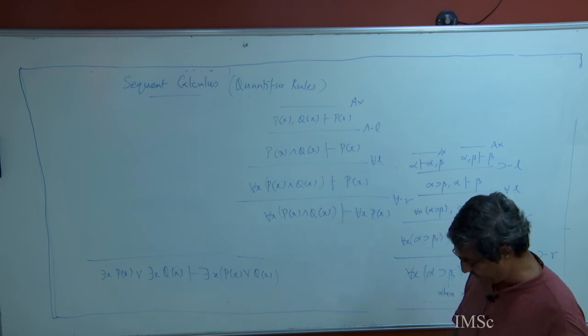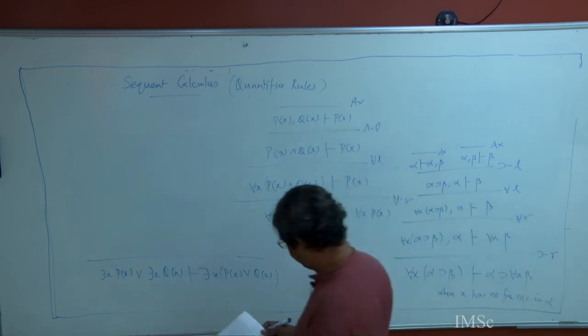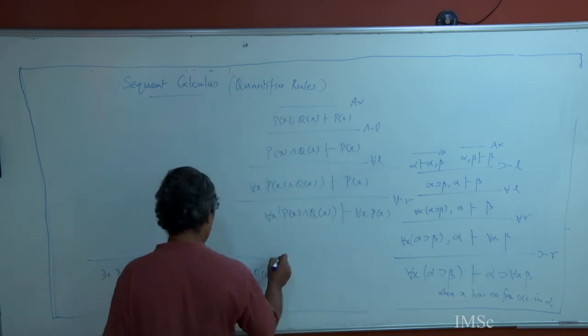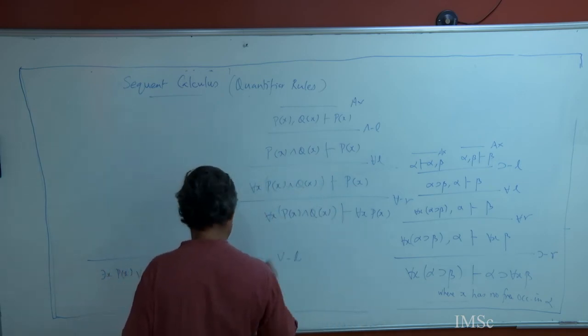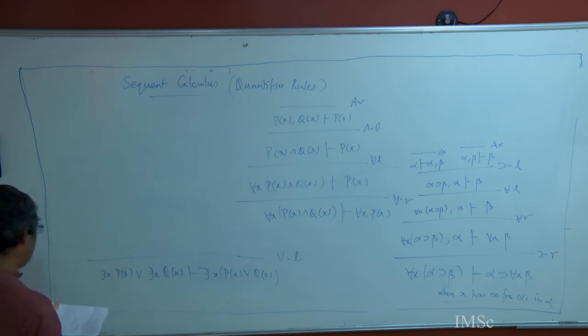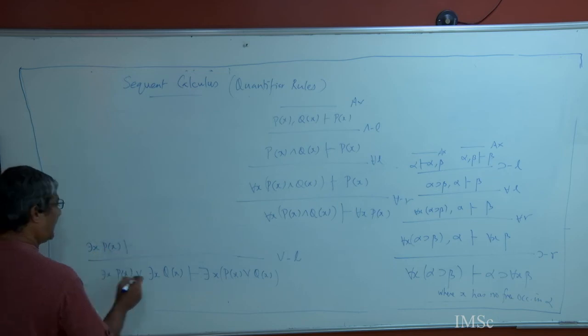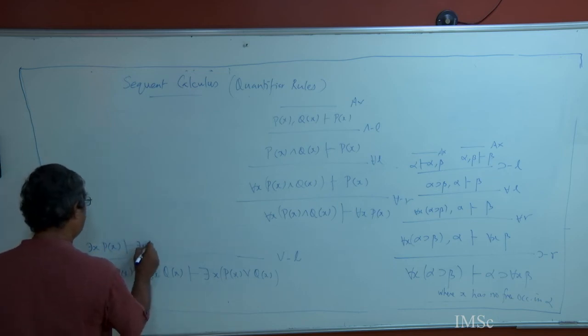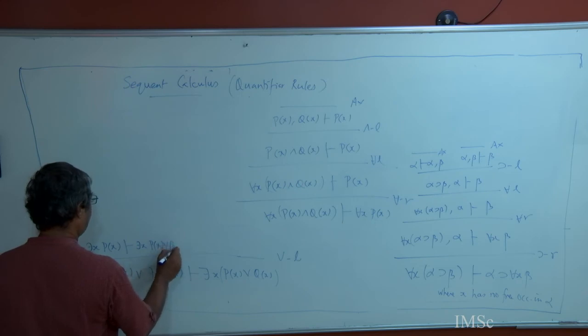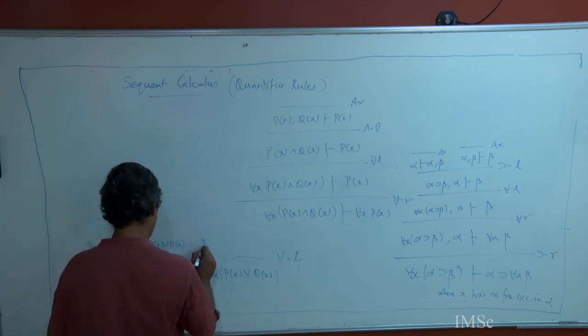So I want or to the left, so from there exists x Px, I derive there exists x (Px or Qx), and I have another one, there exists x Qx.